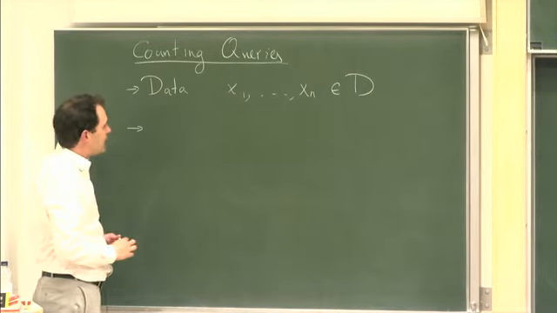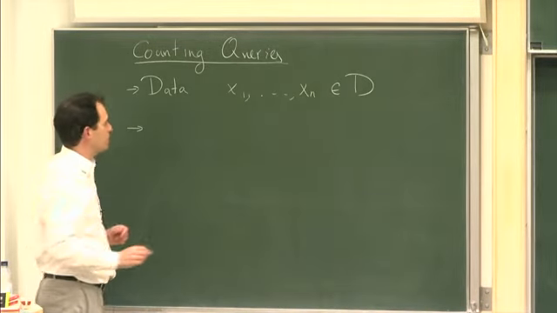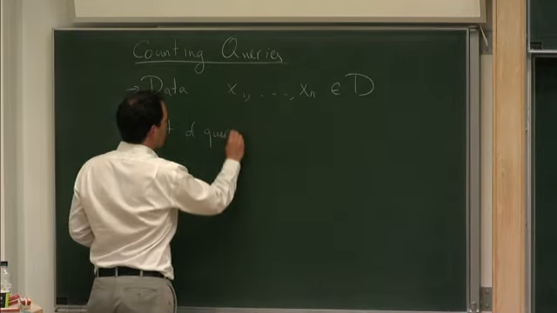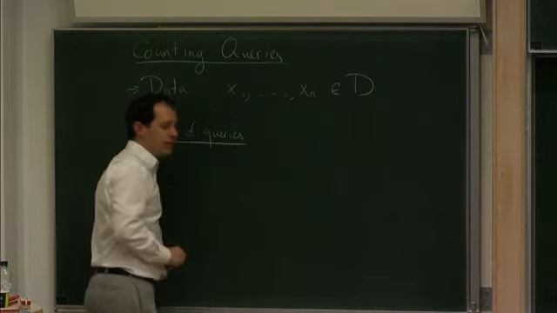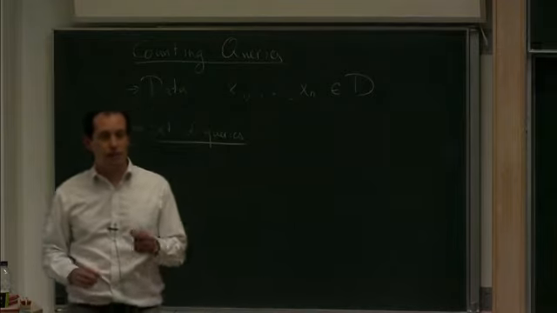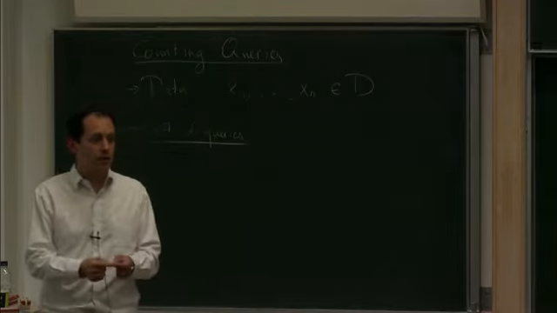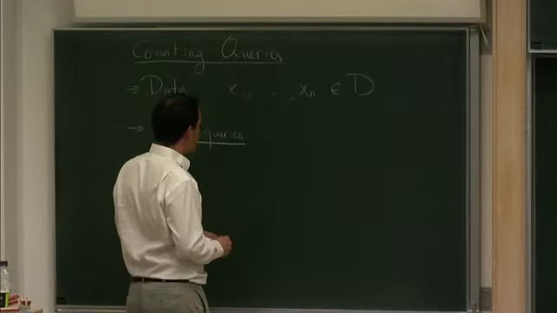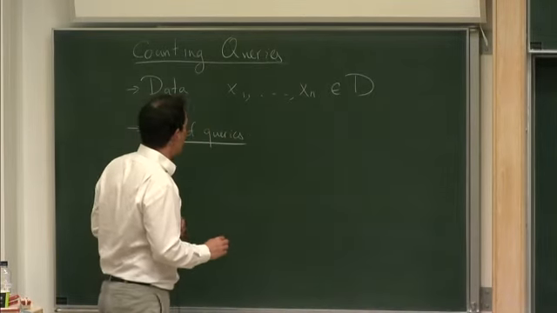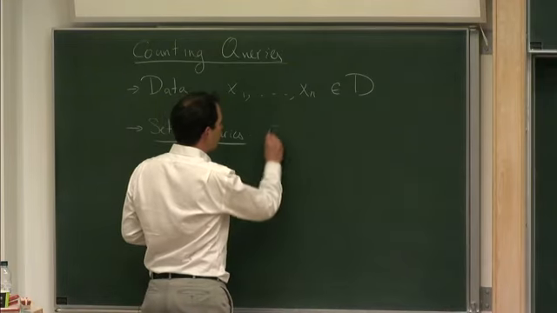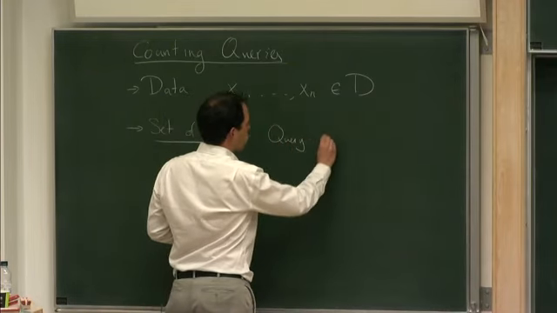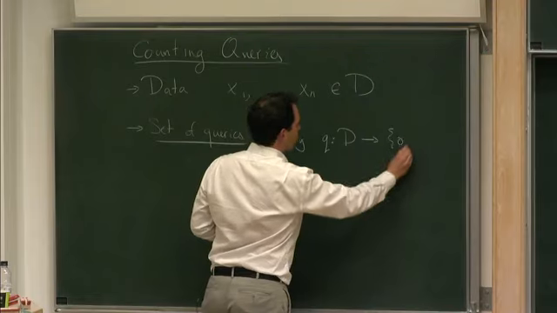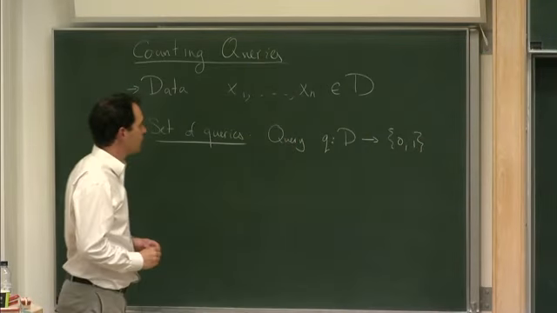And we've got a set of queries that have been asked to us. Each query is going to be asking for the count of how many people satisfy some property in the data set. In its simplest form, and we'll keep it straightforward, a query Q is just a function that labels people with 0 and 1.